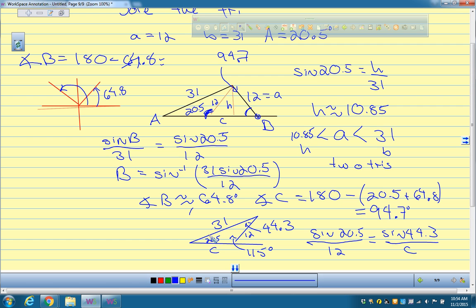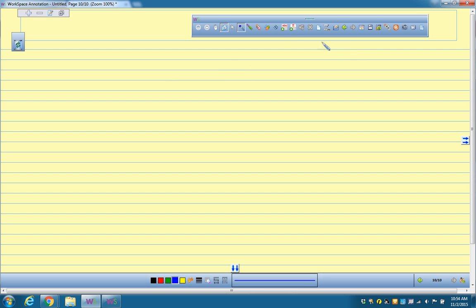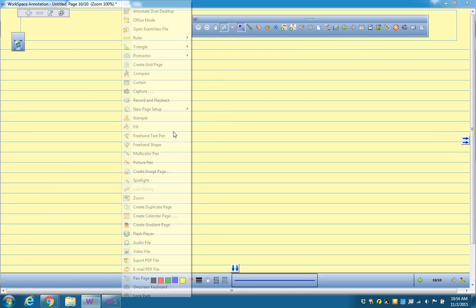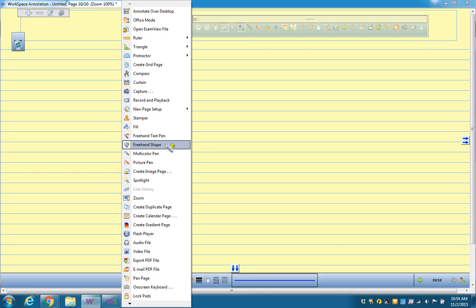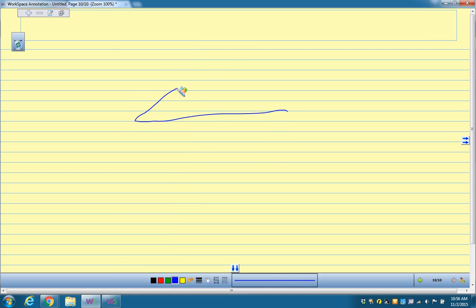That's kind of it. I got to show you one more quick formula, and then I'm done. Okay. The last formula is this. If you have any freehand shape, for any oblique triangle.